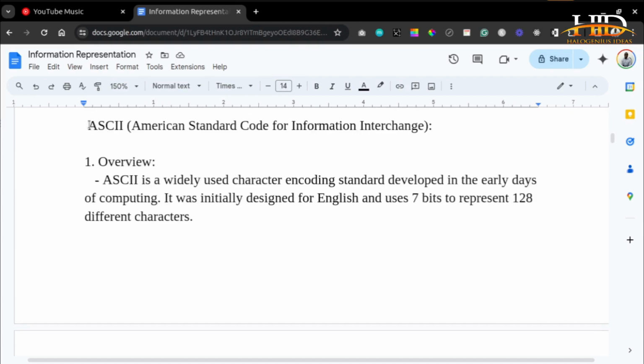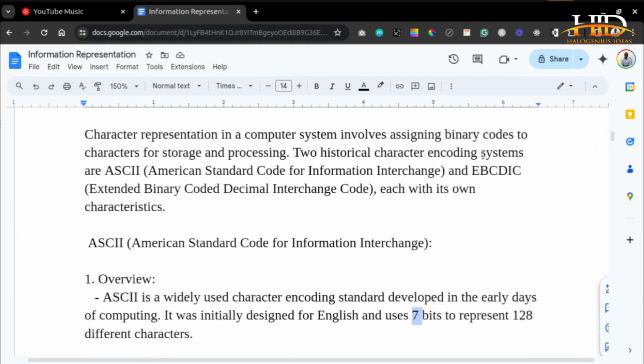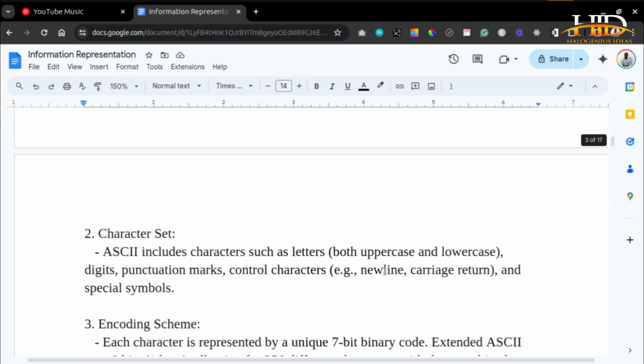The first one is ASCII. This is a widely used character encoding standard developed in the early days of computing. It was initially designed for English and uses 7 bits to represent 128 different characters, but in the case of EBCDIC, it uses all 8 bits.